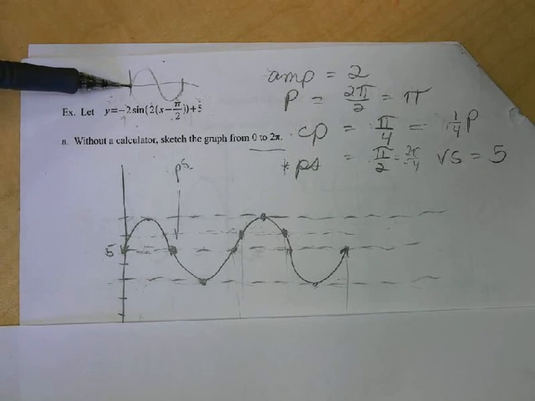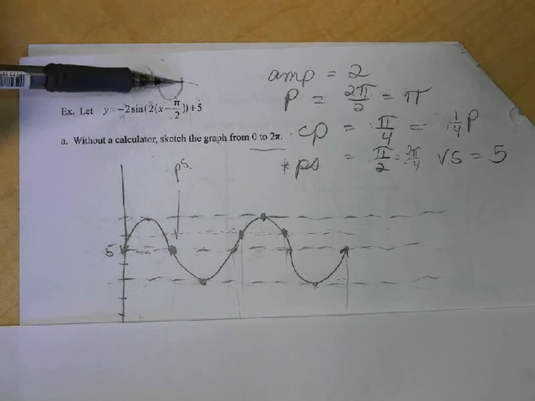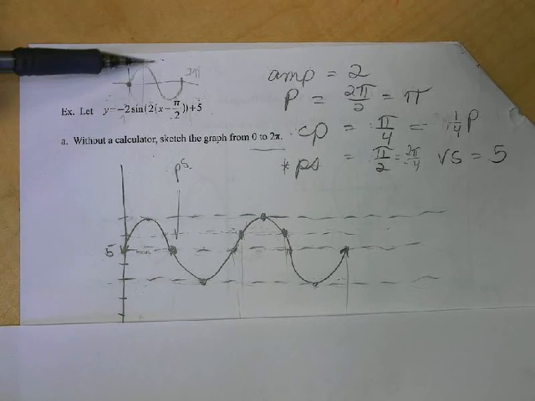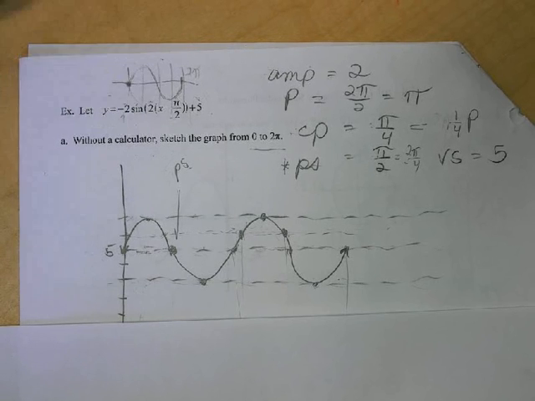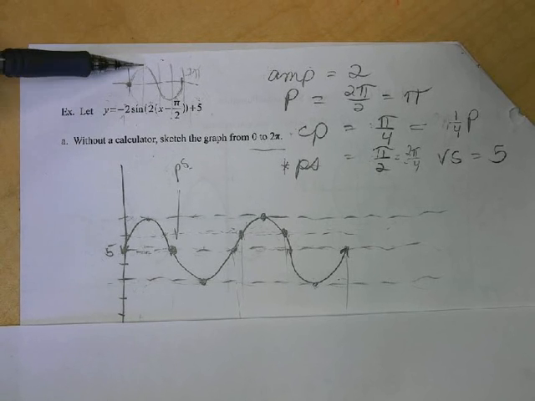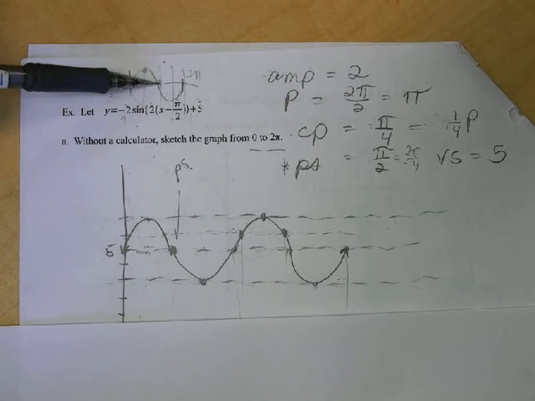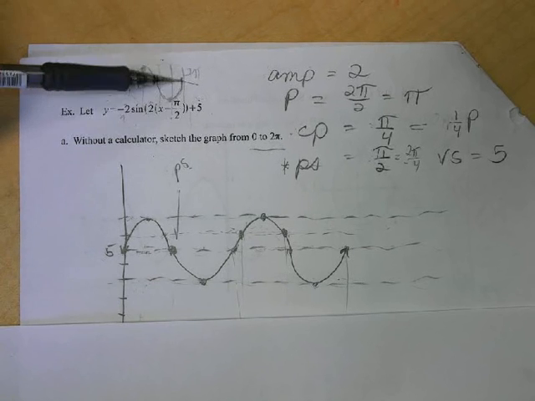So for instance, up here I have a little sketch of a general sine function without a phase shift, and my graph starts at a middle, or at a 0 in this case, and then it's going to end at 2 pi, and every 1/4 of the period it goes from a middle to a high, so there's an extra critical point, and then I move over another 1/4 of the wave and I'm to another middle.